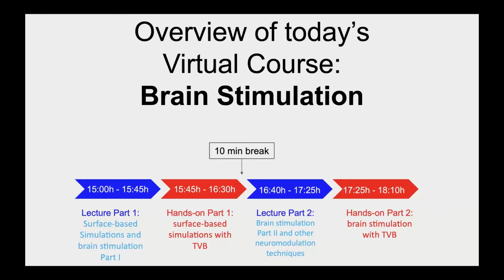There's a question. Is the activation of the network dependent on the stimulation parameters? Very good question. You will actually be able to find that out yourself during the hands-on part. But yes, in many cases it is. But in my experience, if you reach a certain threshold, it doesn't matter that much anymore. But it really depends. It depends on your brain, on all the other parameters, on the neural mass model.